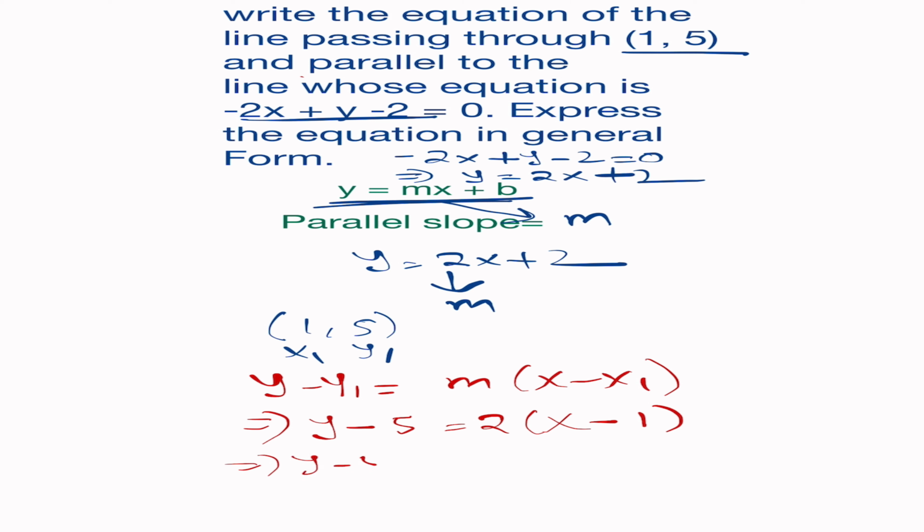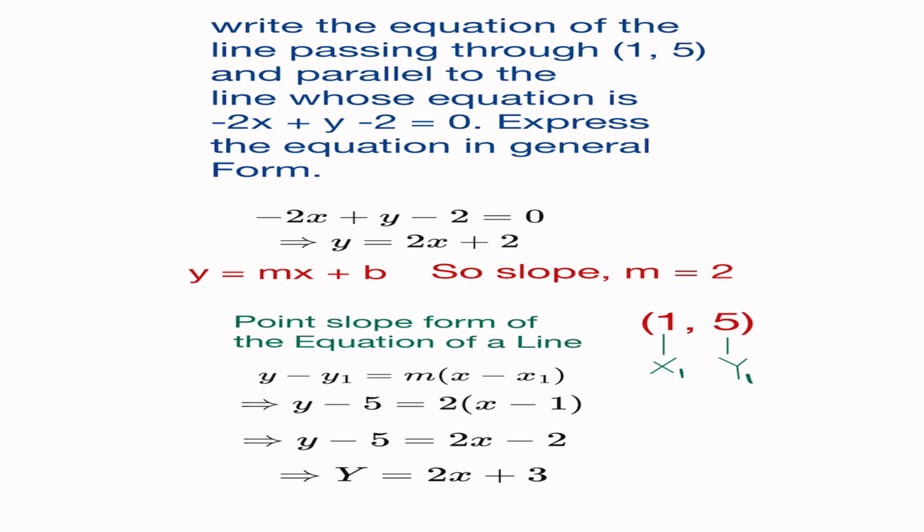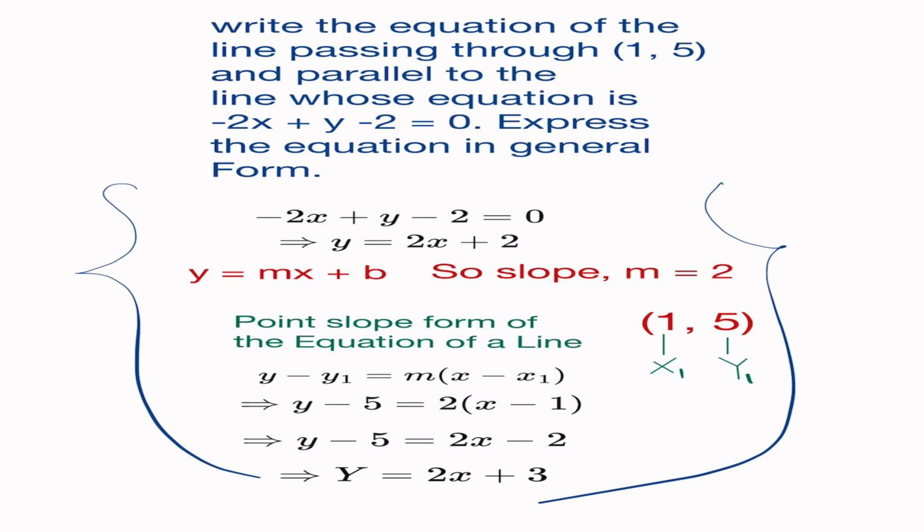If we solve it, y minus 5 equal 2x minus 2, and we end up with the equation y equal 2x plus 3. So this is our answer. Here we have a detailed explanation, so you guys can see it and take a look at it.